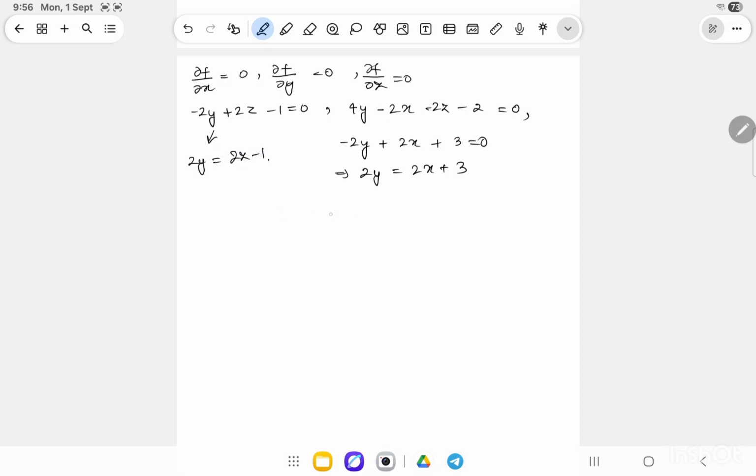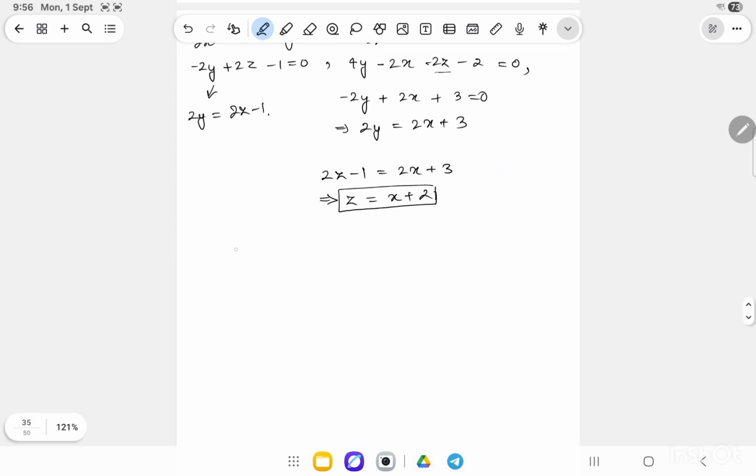So if I compare these, I'll be getting 2z minus 1 equals to 2x plus 3, which basically reduces to z is equal to x plus 2.